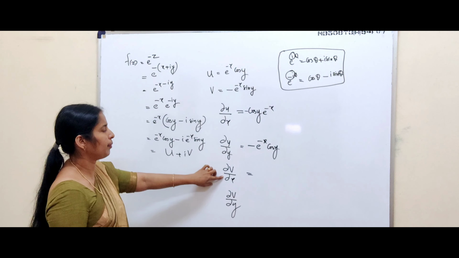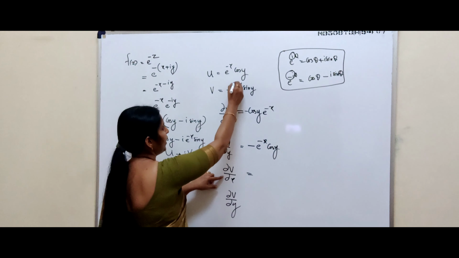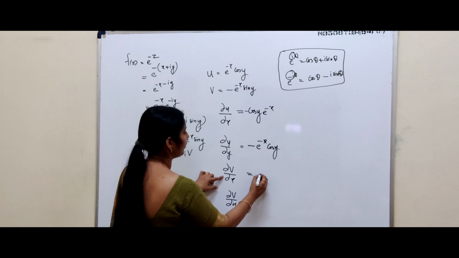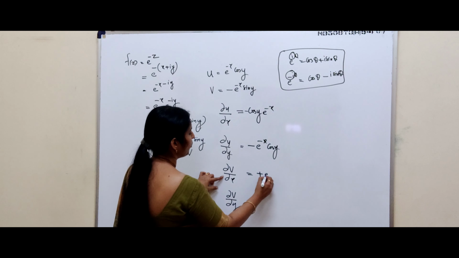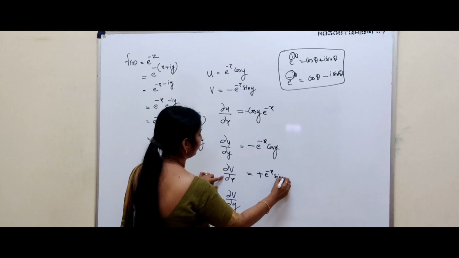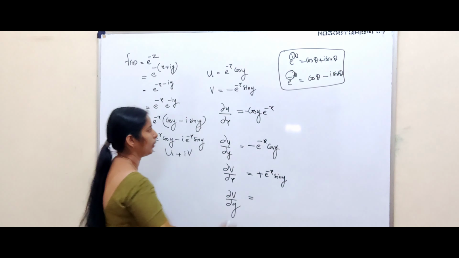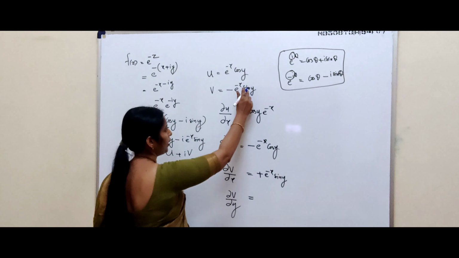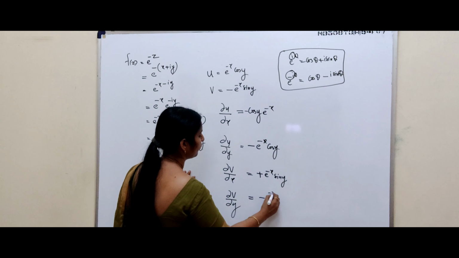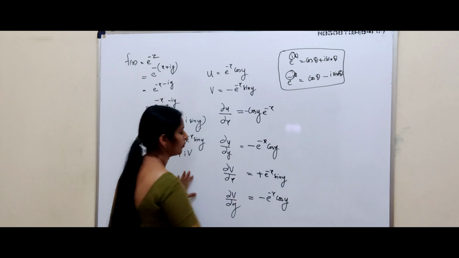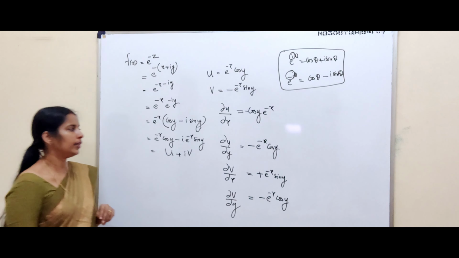Next, for getting ∂v/∂x, you have to differentiate only e raised to minus x. What is its derivative? It is minus e raised to minus x sin y. Minus minus will become plus. ∂v/∂y: you have to differentiate only sin y, that is cos y. Now we have the four partial derivatives.